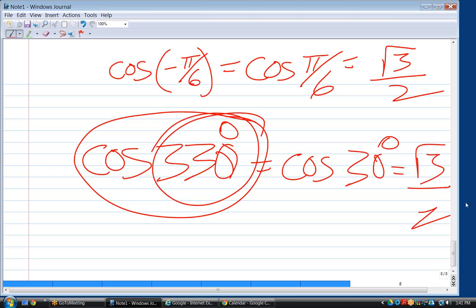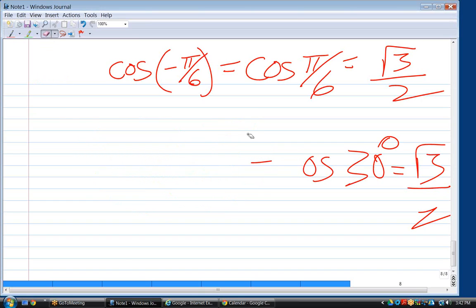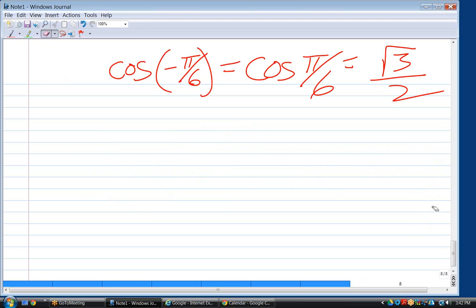That's actually 2 steps harder than using the odd-even property. In other words, there's no need to translate this into a positive angle. So all I need to know is that the cosine of negative x is equal to cosine of x. So I don't need to go to the 330 degree angle to figure it out. And it saves me 2 steps not doing that.